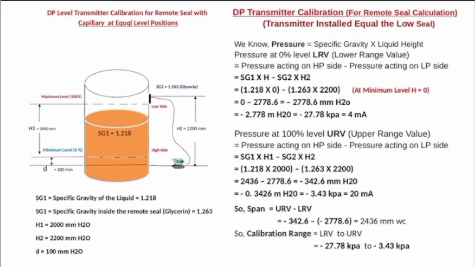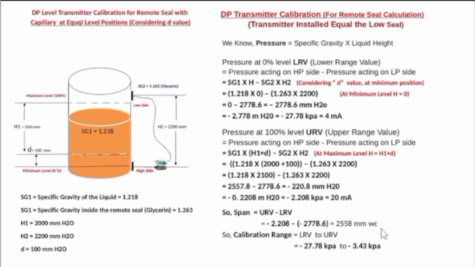So at different positions we saw the result, and again if we consider this value D, here we see the minimum value. If we consider this value, here this distance will be considered. So here specific gravity into H minus specific gravity into H2.